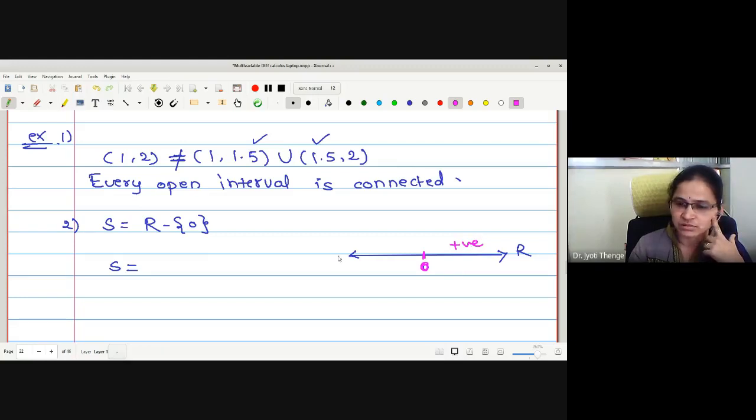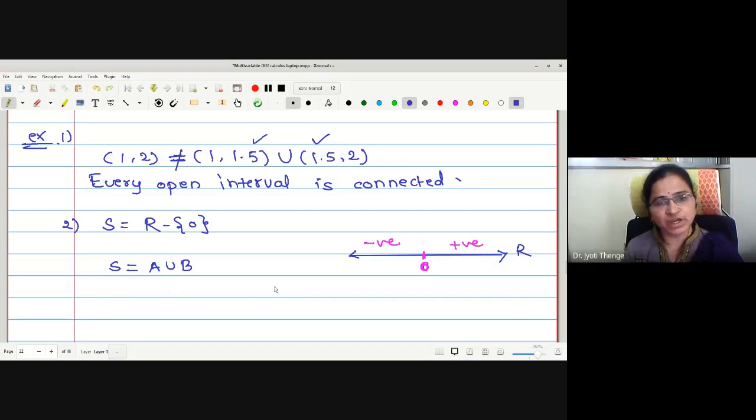Positive numbers. To the left of 0, what do we have? Negative numbers, where 0 is excluded. Therefore, can I write this R minus {0} as A union B? Yes, it can be written as the union of two different sets. Therefore S is not connected.